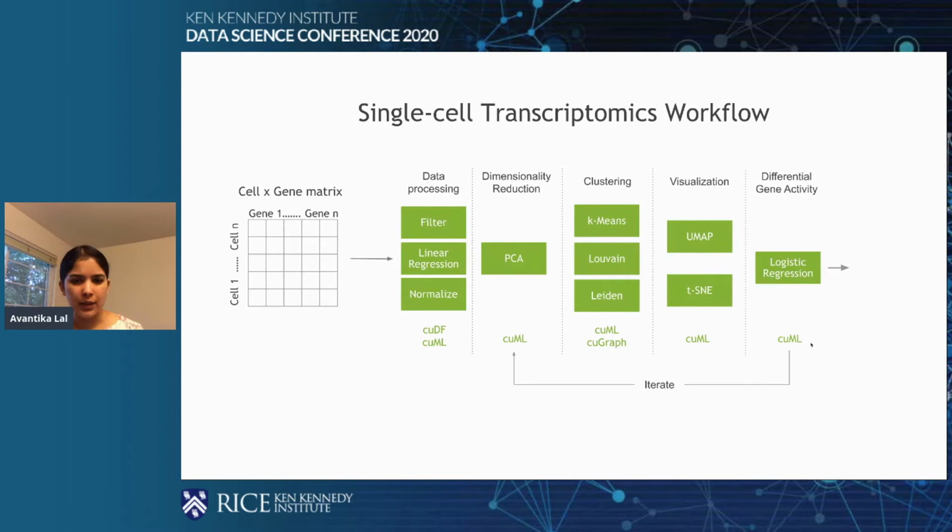Then we can use any of a variety of clustering algorithms to cluster the rows of this matrix and identify groups of similar cells. Next, we can visualize the clusters that we discovered in a two-dimensional embedding using UMAP or t-SNE. And finally, we'd want to perform a differential gene activity analysis, which means comparing the different clusters to understand what makes a given cluster different from all of the other types of cells. Next slide.